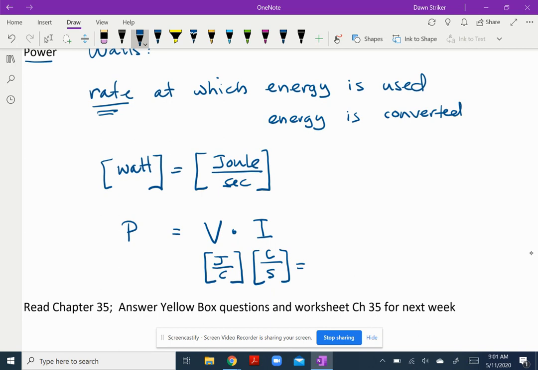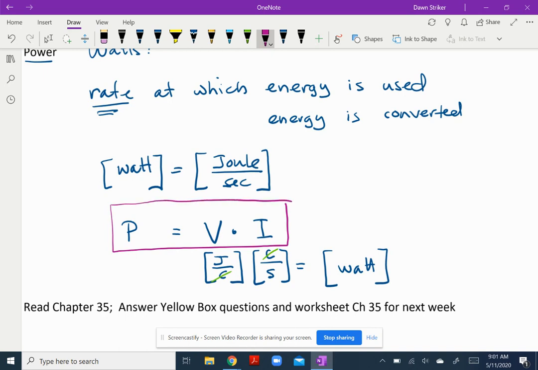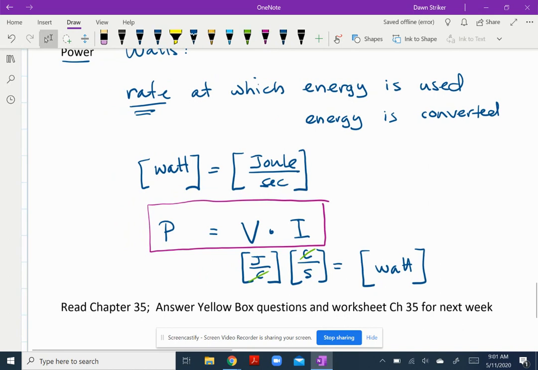And so power in a circuit has to do with how much current flows and also how much voltage is provided. So if you provide a lot of voltage and you get a lot of current flow, that means you're using a lot of power. Power in a circuit is the product of the voltage times the current. And we're going to be using that formula as we think about setting up some electric circuits.